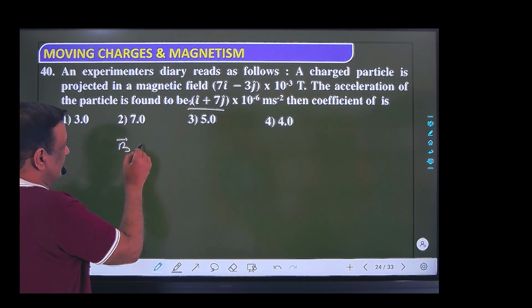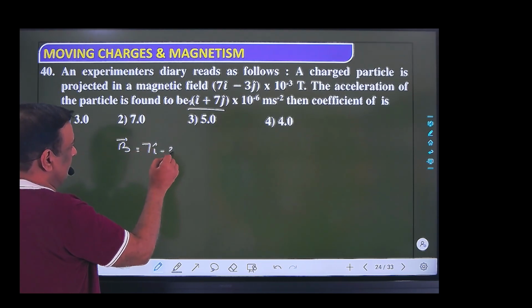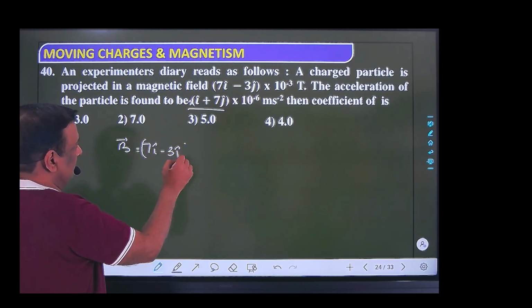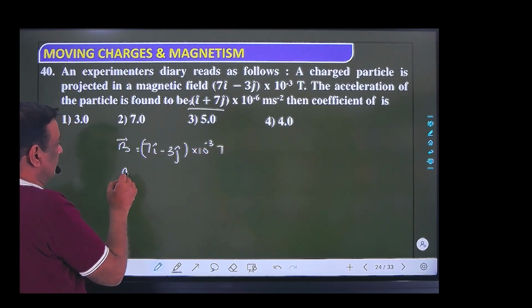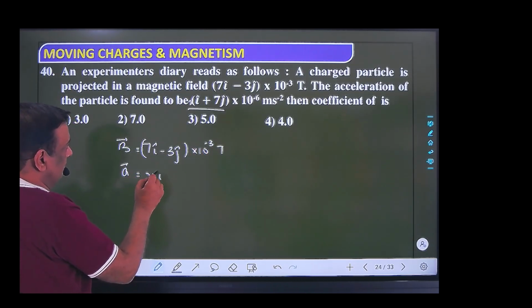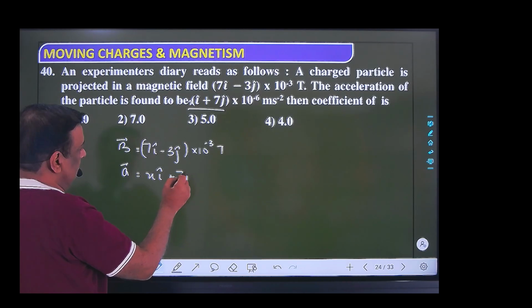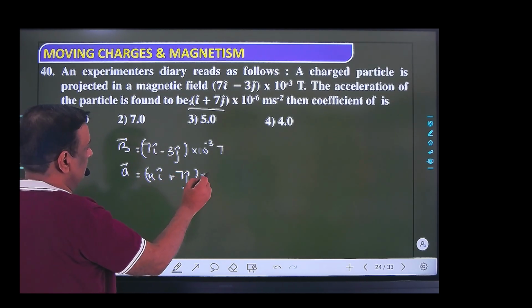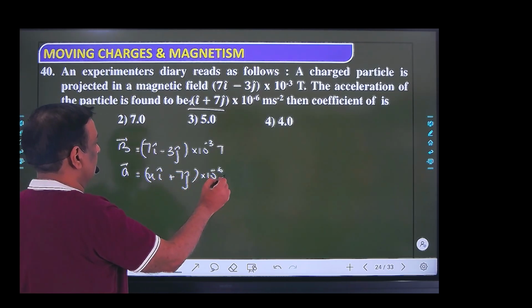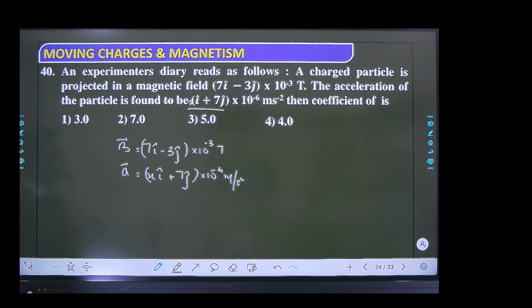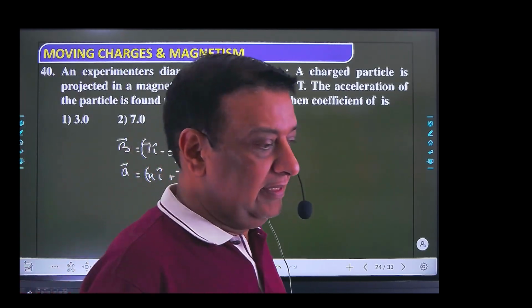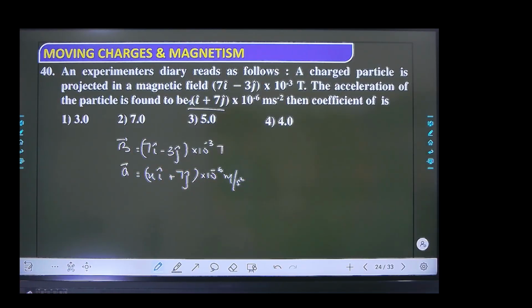Magnetic field is given, you have to find the value of x. Concept क्या था इसमें? इसमें concept क्या यूज किया था हमने?